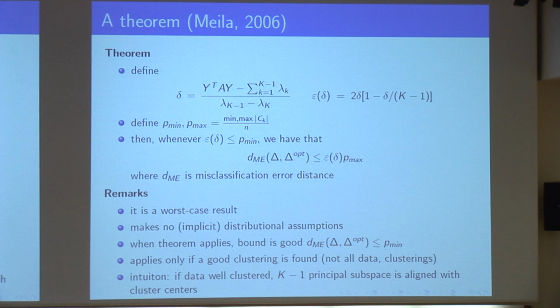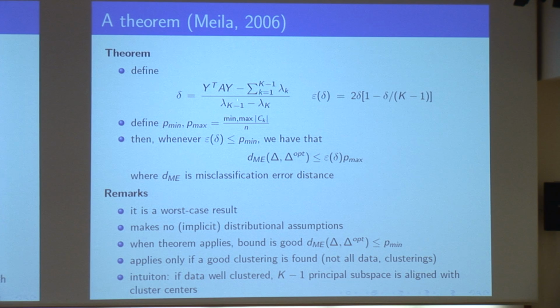That's a fundamental result in matrix analysis. I'm looking at a k-1 principal subspace. If the gap between its smallest eigenvalue and the next eigenvalue is large, it means that that subspace is very stable to perturbation. If I perturb the elements of the matrix by a perturbation of small norm, then the subspace will change very little.